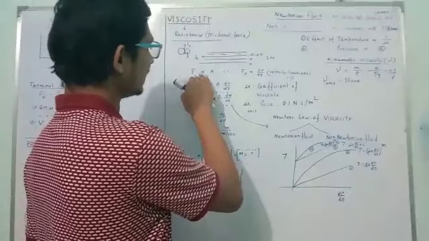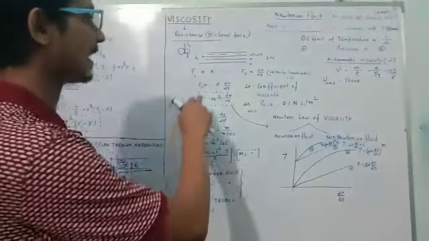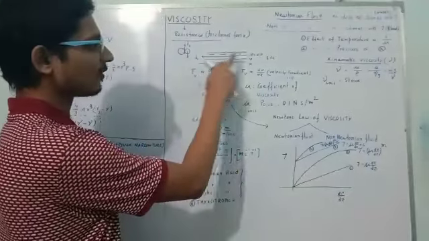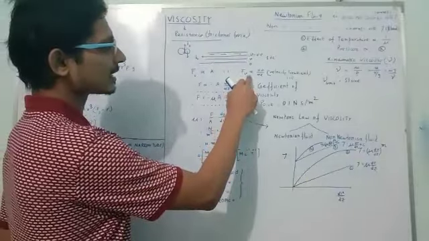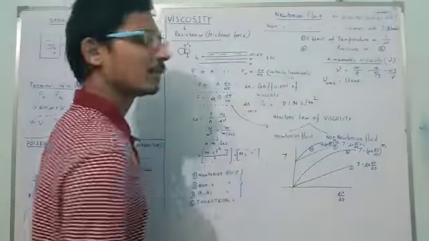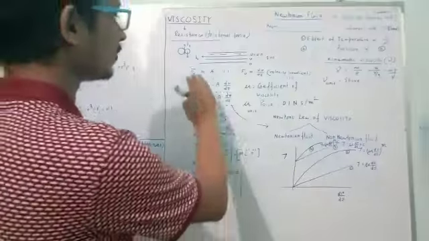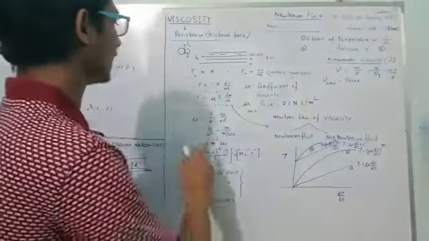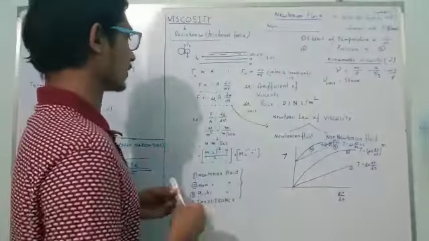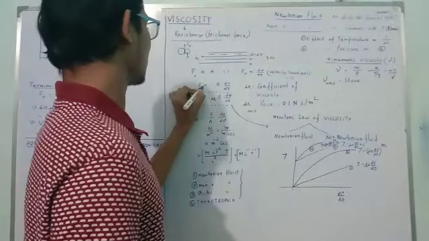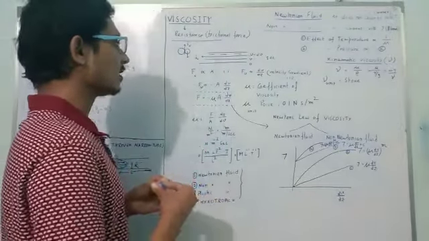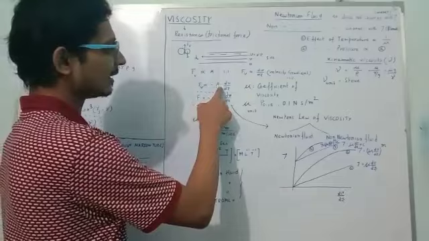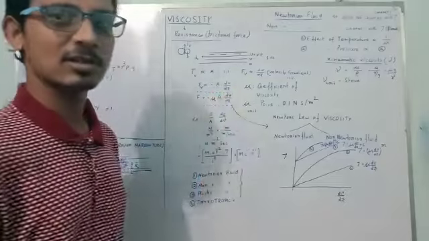The viscous force is directly proportional to the area of contact, and also directly proportional to the velocity gradient. Combining these two, the viscous force is directly proportional to A, the area, into dv by dz, that is the velocity gradient.